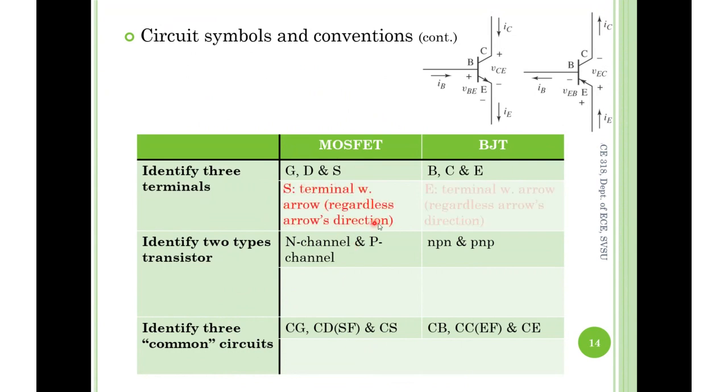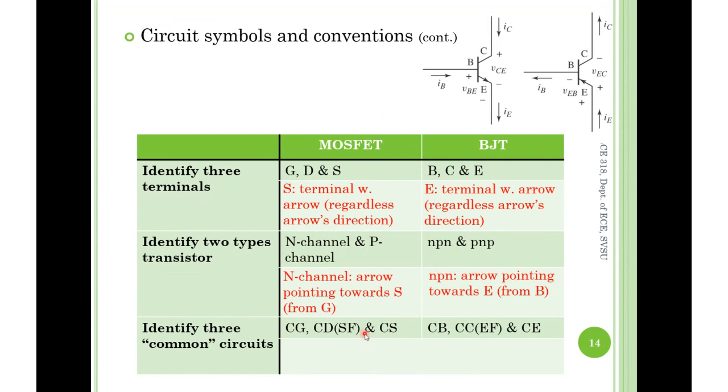Listed here: the source of the MOSFET is the terminal with the arrow, and the emitter of the BJT is the terminal with the arrow. And then how to identify the type: N channel or P channel for MOSFET, NPN or PNP for BJT. It all depends on the arrow direction.